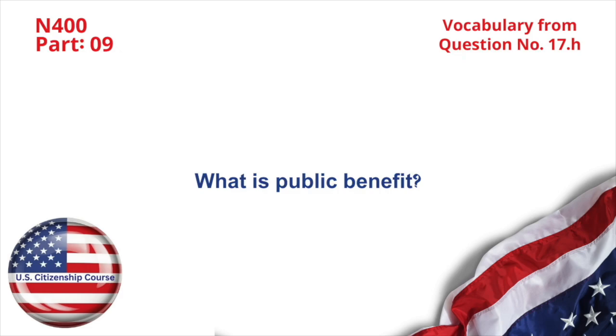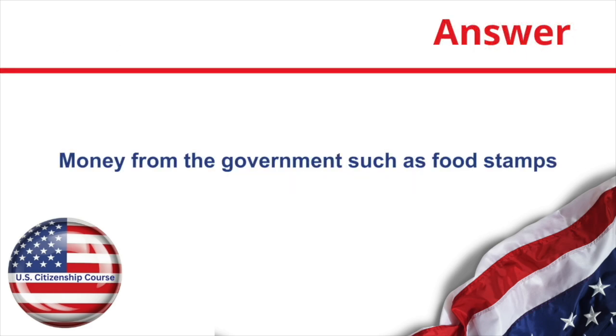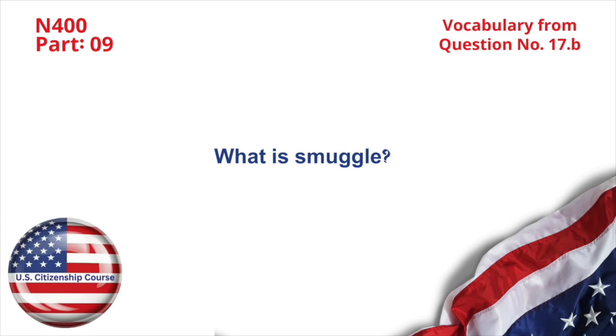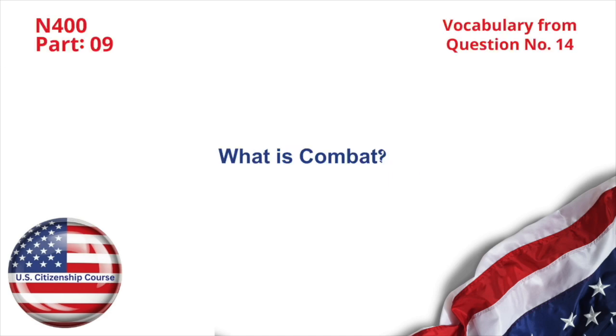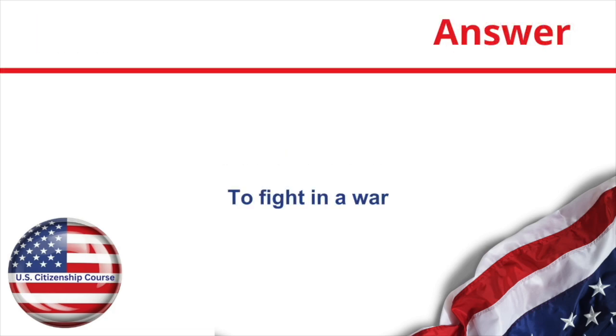What is public benefit? Money from the government. Such as food stamps. What is smuggle? Bring something illegally into the country. What is combat? To fight in a war.